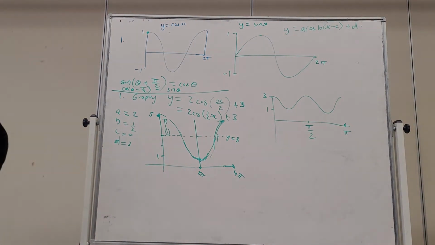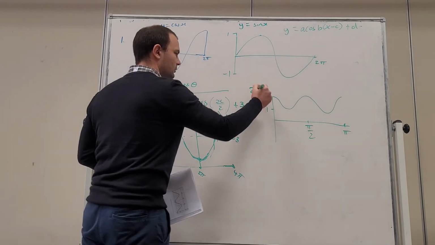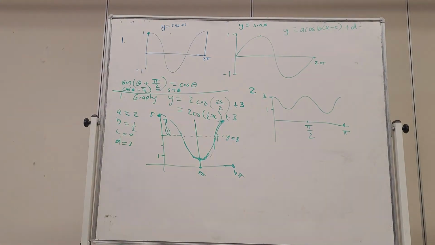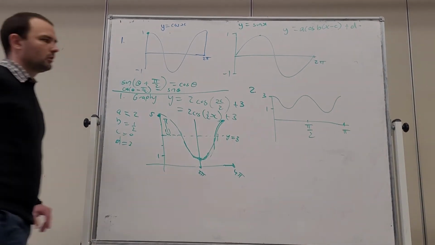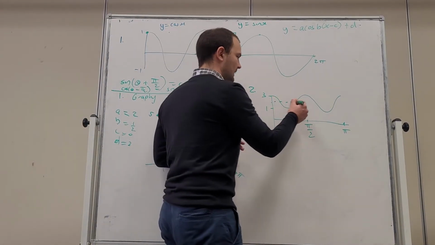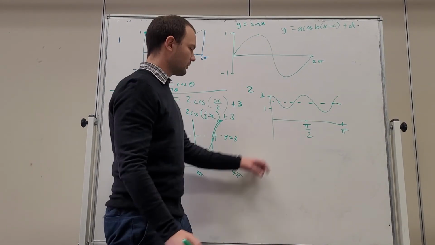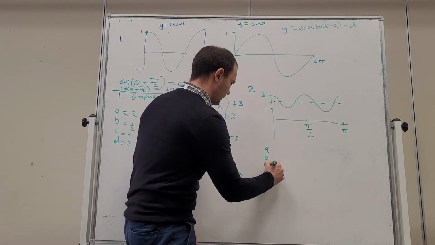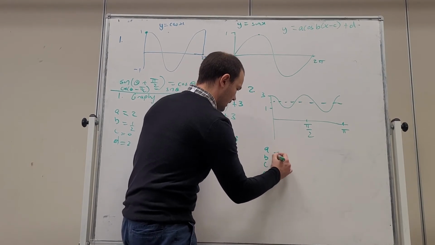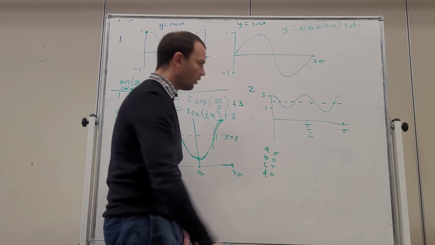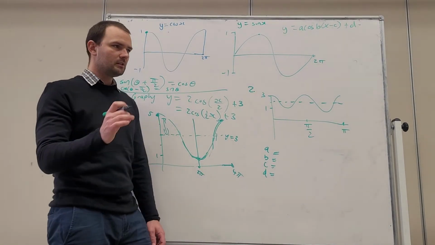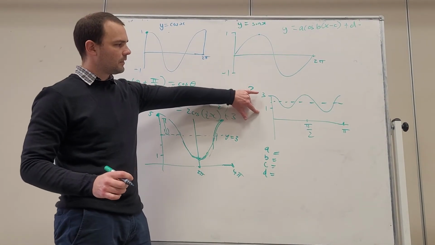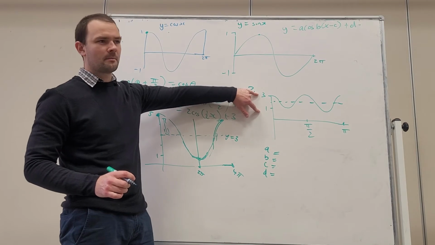Okay, question 2. Find, so now we're doing the opposite. We're starting with a graph and we need to find the equation of it. So, we should identify the principal axis first. That's always what to start with. So we want to say what are our values of a, b, c, and d. And d is always halfway between the peak and trough, or the maximum and minimum points.